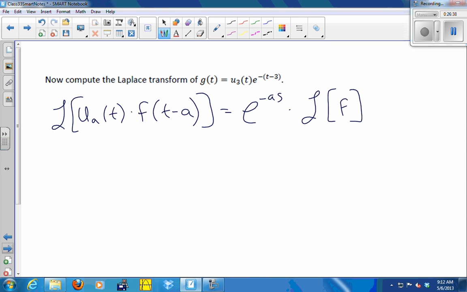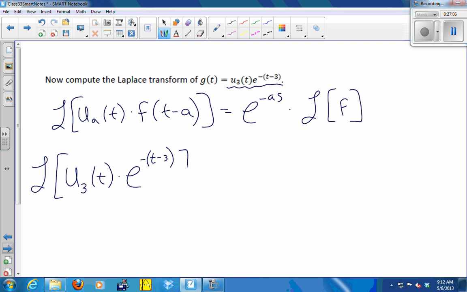If I want the Laplace transform of this function, in this case, a is 3, and my function f is e to the negative t. So I want the Laplace transform of u sub 3 of t times e to the negative (t minus 3). So my a is 3, t minus 3 is my shift, so my function that was shifted was e to the negative t.